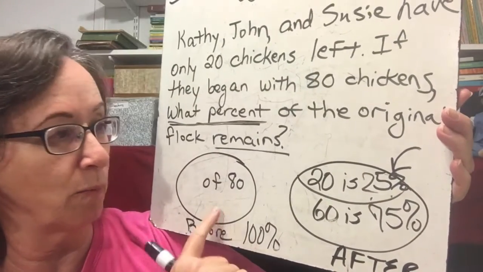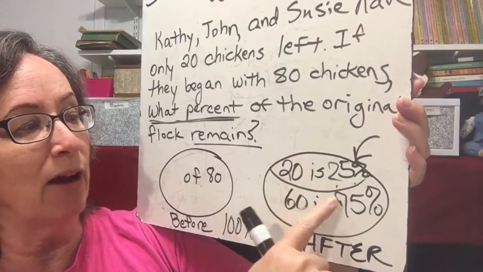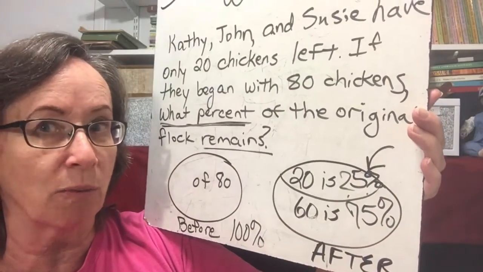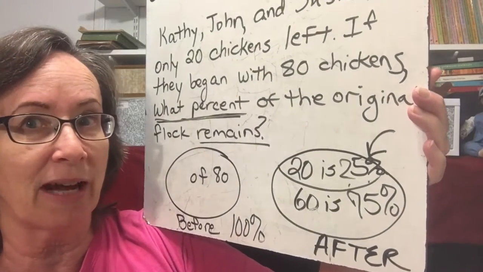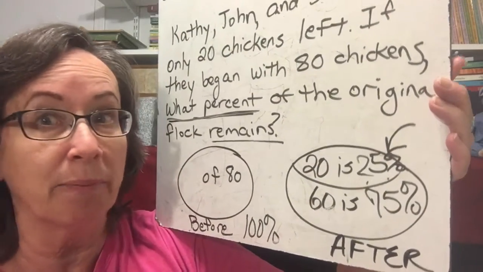And, of course, this one was the 100%. So now we've said the 20 is 25% of the chickens remaining, and 75% of the chickens had something happen to them.